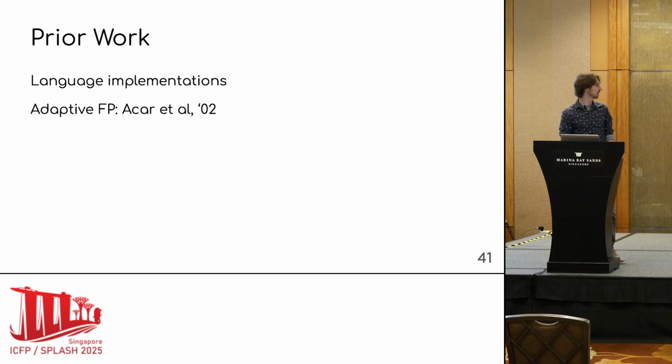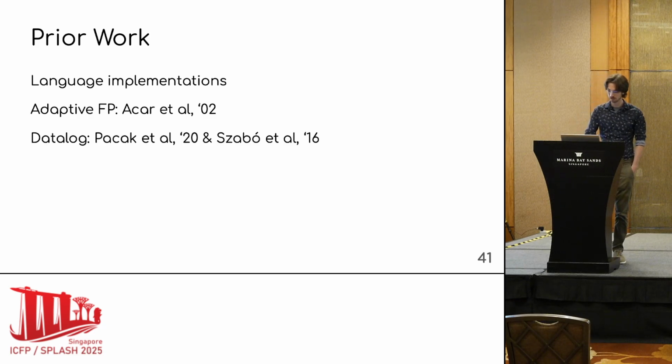And our idea of propagating the dirty information along is based on adaptive functional programming. So this is one general approach to incremental computations, along with memoization. And as for type checking in particular, there's an interesting line of work that uses Datalog to automatically derive incrementalized type checkers from their non-incremental specifications.